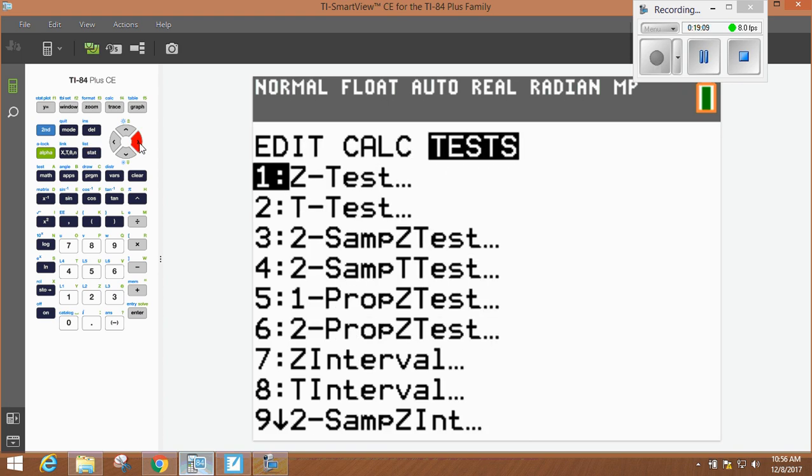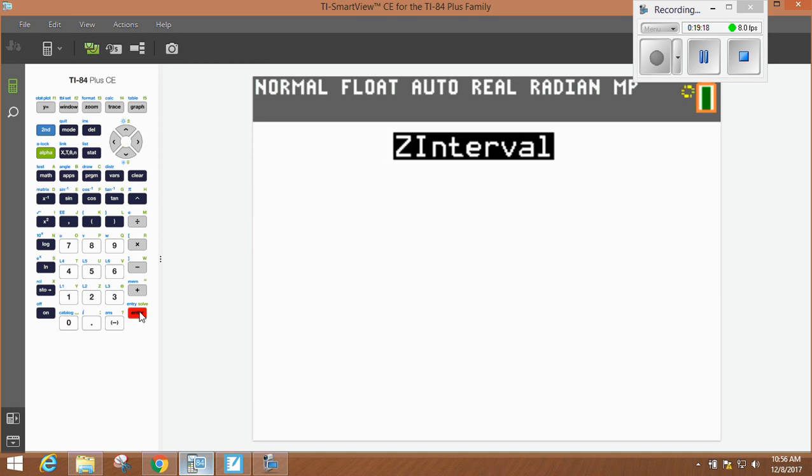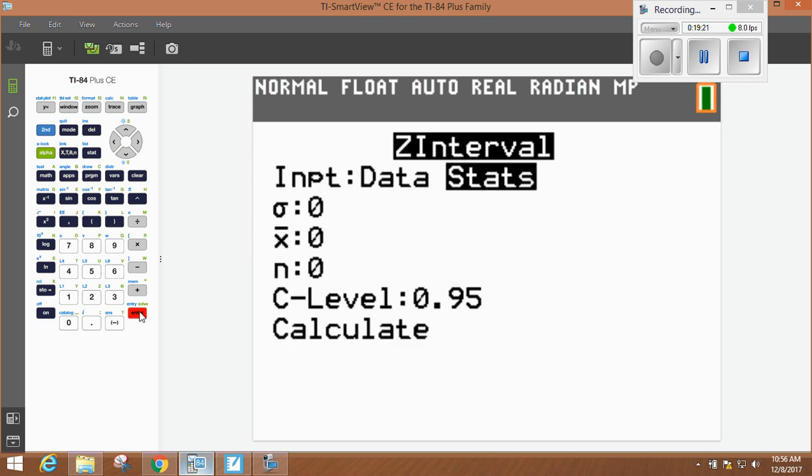Then we go down to Z interval, and it's going to ask us, do you use data or do you use statistics? Unless I have a long list of numbers, I'm going to be using statistics. Data means I have a list of numbers that it wants me to find a confidence interval for, and stats assumes that I've already calculated it.